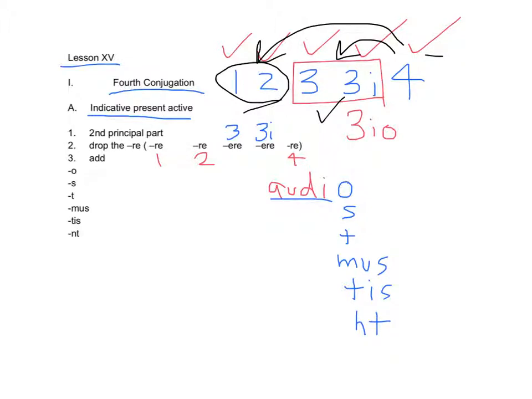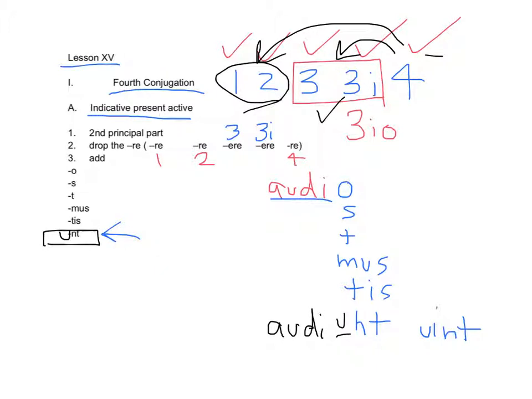There's one variable here, one irregularity. You have to add a U to the NT there. If you don't add the U to the NT there, you have a strange looking Latin word, and you rarely see in Latin just INT.